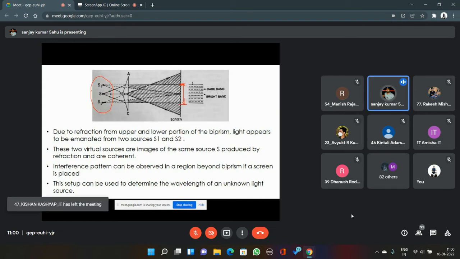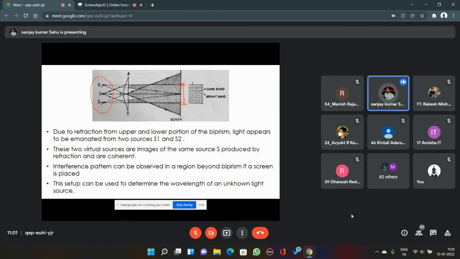So these two virtual sources S1 and S2 can be treated as two slits similar to those of Young's double slit experiment. Whatever mathematics and physics you used to describe Young's double slit experiment, the same thing can be done here to describe the fringe pattern obtained using this Fresnel biprism experiment.